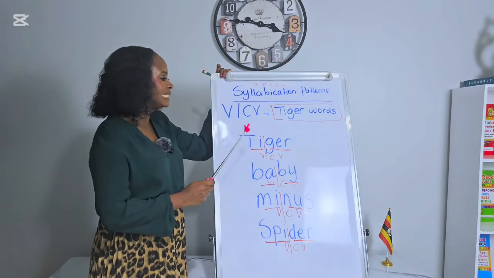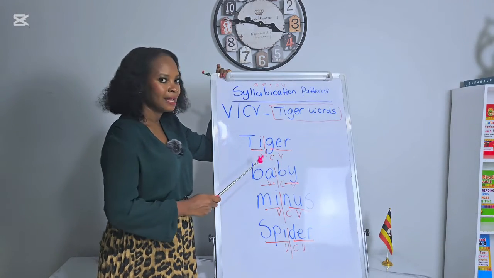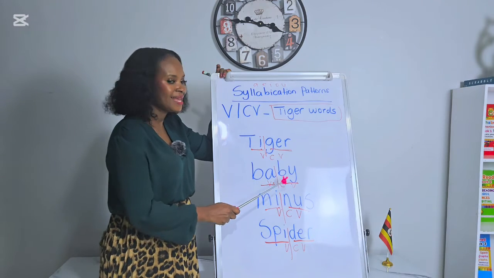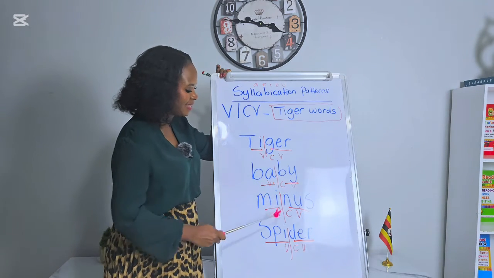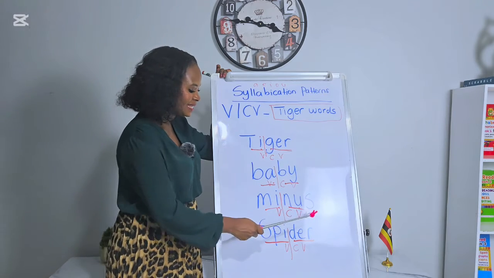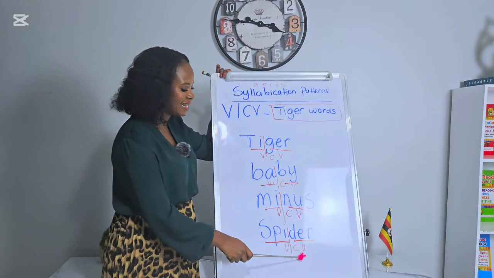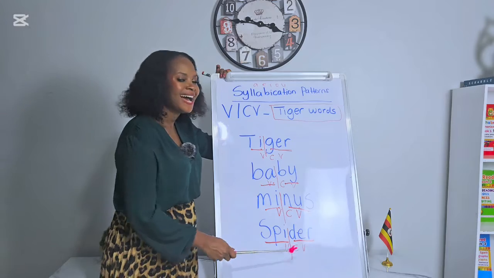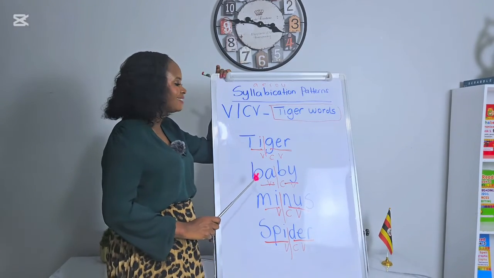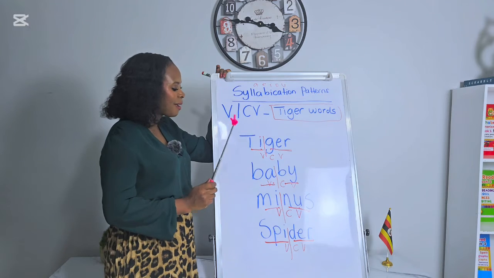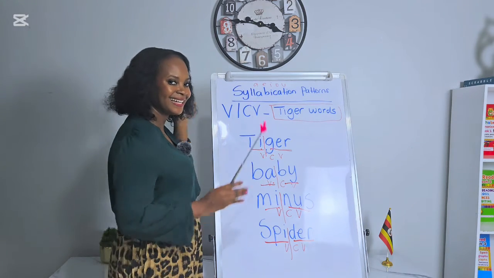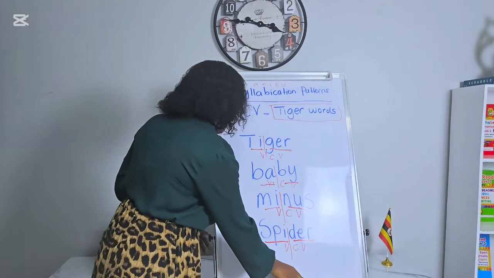Your turn. Amazing. Okay, out loud, let's read the words together. Tiger, baby, minus, spider. Yeah, well done.